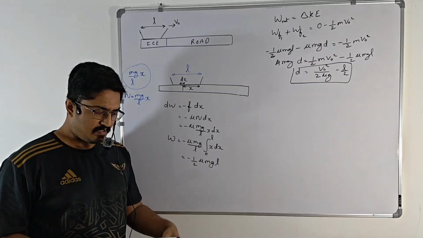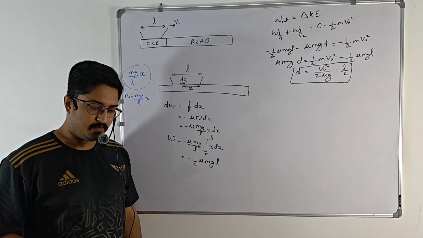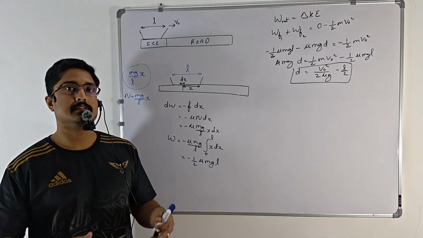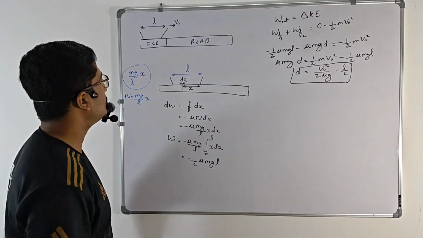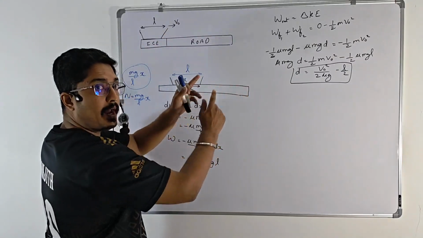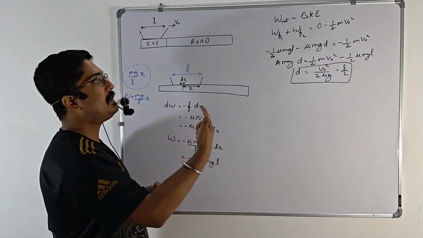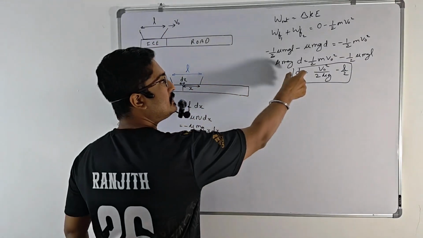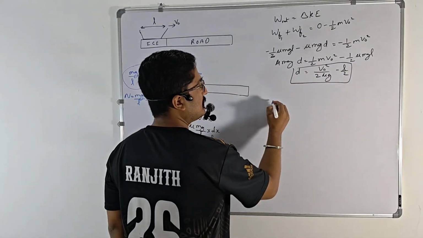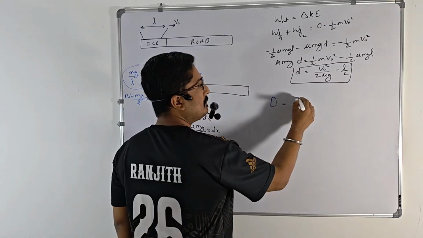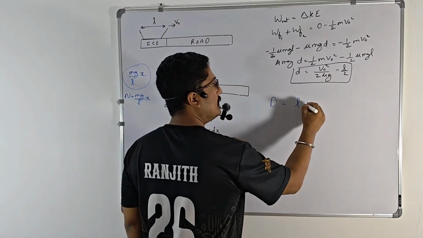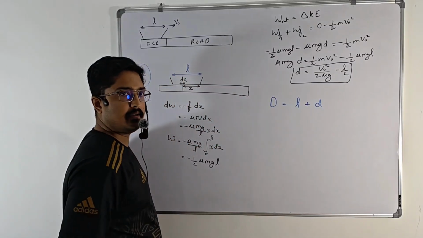Correct. Okay. Next part. The total distance moved by the sledge before stopping is, see, total distance moved by the sledge before stopping. So initially it covered a distance of L to enter into the road. After entering into the road, it further covered this much distance before coming to stop. So the total distance covered by the sledge, capital D, is nothing but L covered while entering plus d covered after entering.